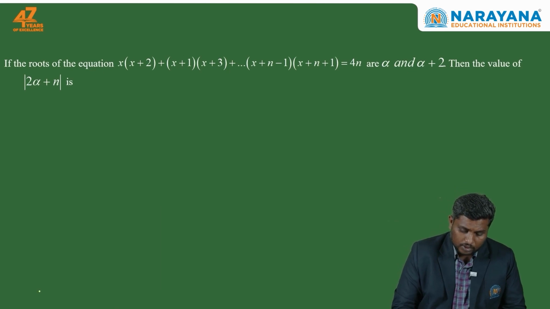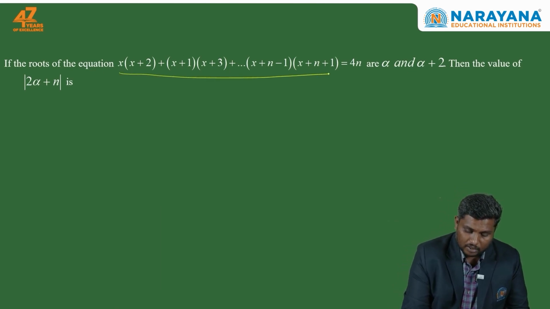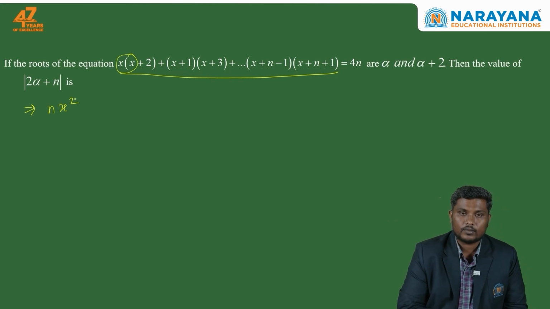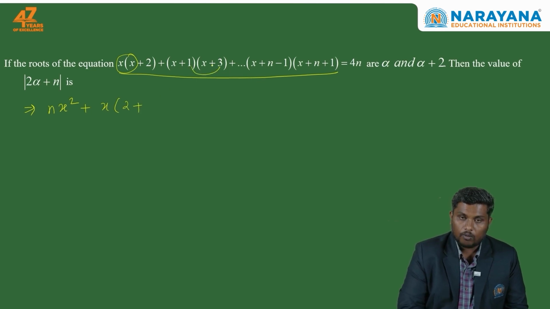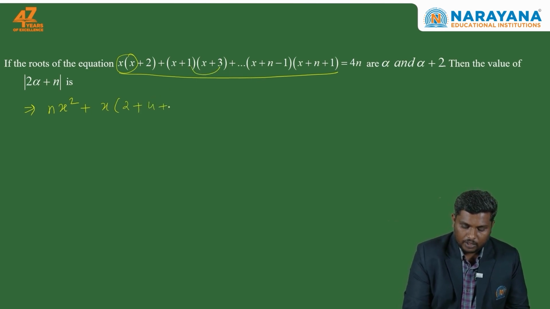Okay, one could see here, if I expand this question, I have x square, x square, x square, so on, so I have n x square, a quadratic equation. Plus x into, what is the coefficient of x? 2 plus 1 plus 3, 4, and so on.